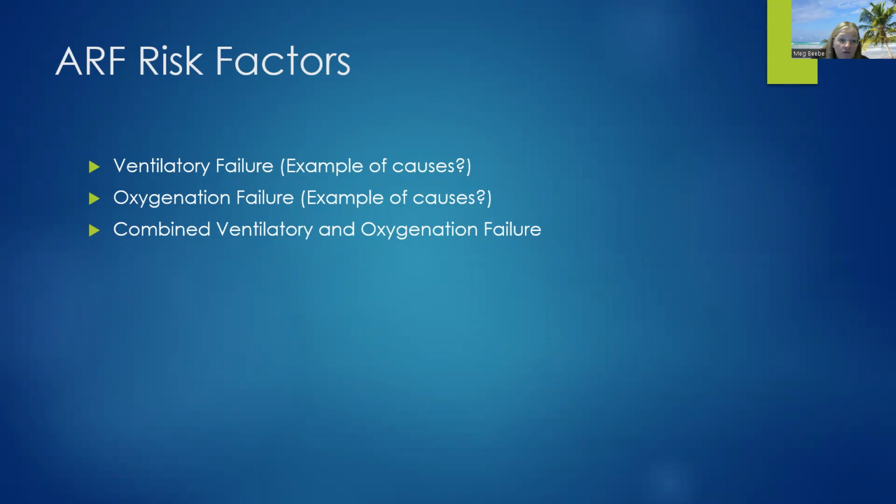For the combined, you've got a decreased gas exchange resulting in a poor diffusion of oxygen into the arterial blood with carbon dioxide retention. Hypoventilation or poor respiratory movement, chronic bronchitis, asthma attack, emphysema, and cardiac failure are all examples of combined ventilatory and oxygenation failure.